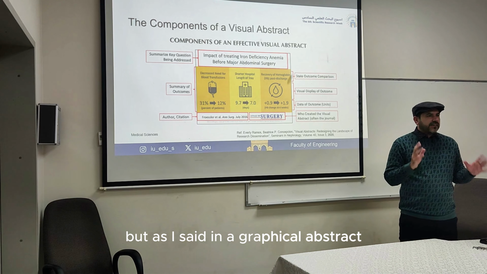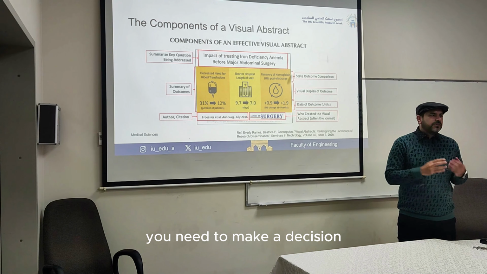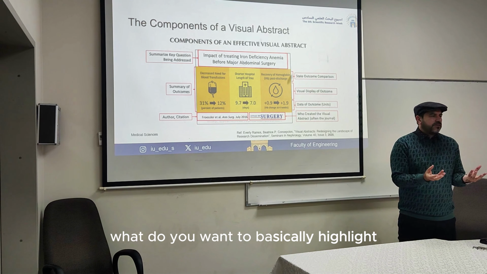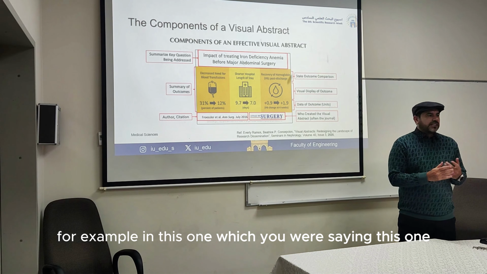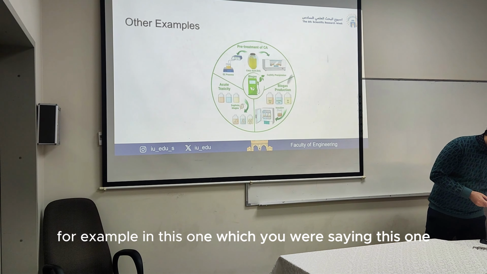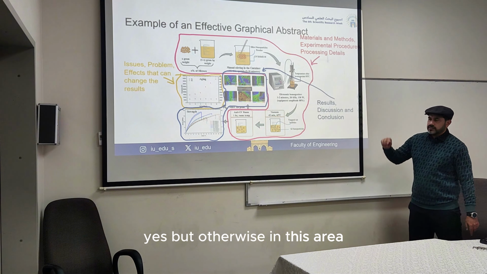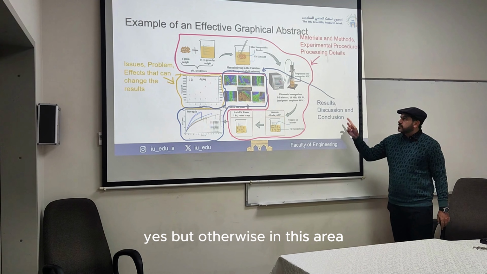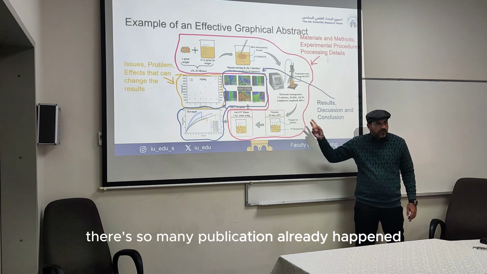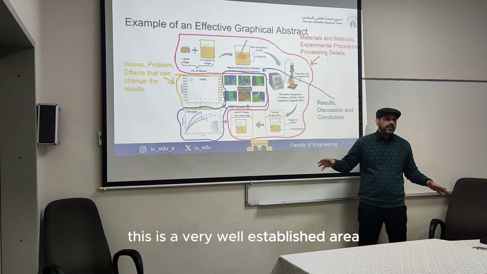But as I said, in a graphical abstract, just like the normal abstract, you need to make a decision: what do you want to highlight? For example, in this one, which you were saying, it became clear when you added this stuff. Yes. But otherwise, in this area there are already so many publications. This is a very well-established area.